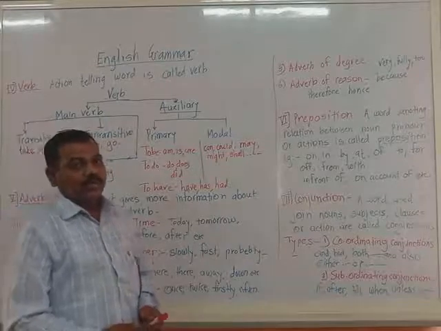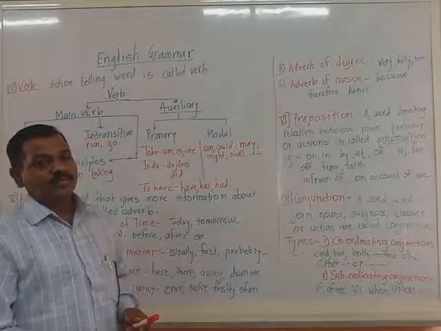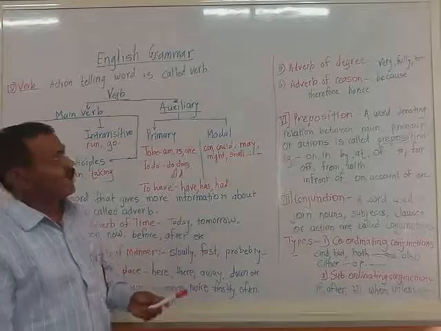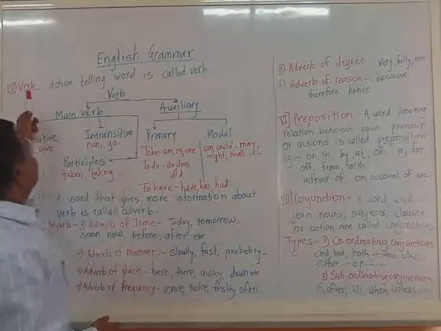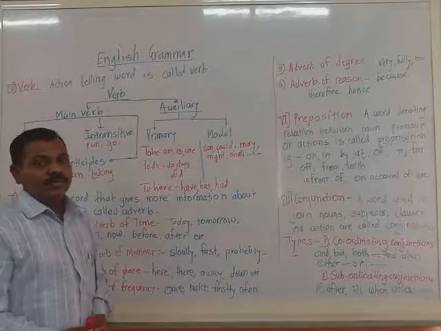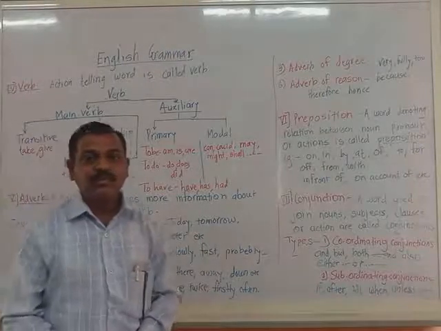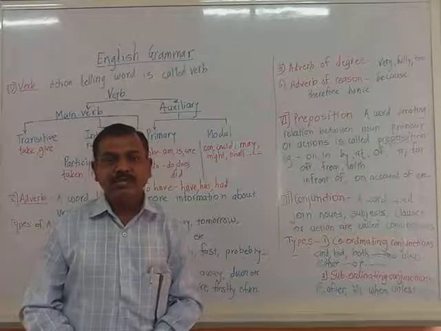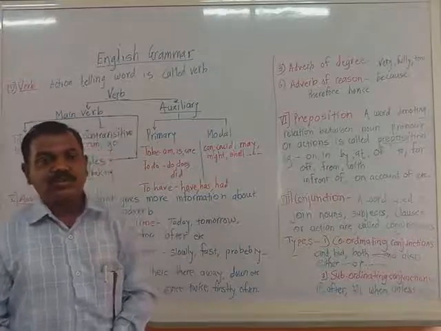Now the fourth topic, the fourth class of the group of words, is written here, that is verb. Generally we are well acquainted with this word. Every time we first learn the action-telling words.